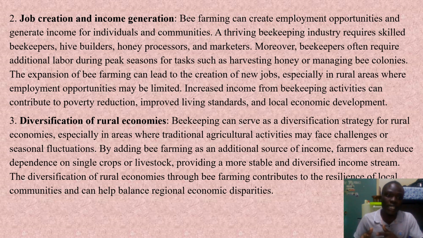Bee farming, also termed apiculture, helps in the diversification of the economy, because farmers are not only relying on livestock, they are also getting incomes from bee farming. It implies that there is economic growth in an economy.